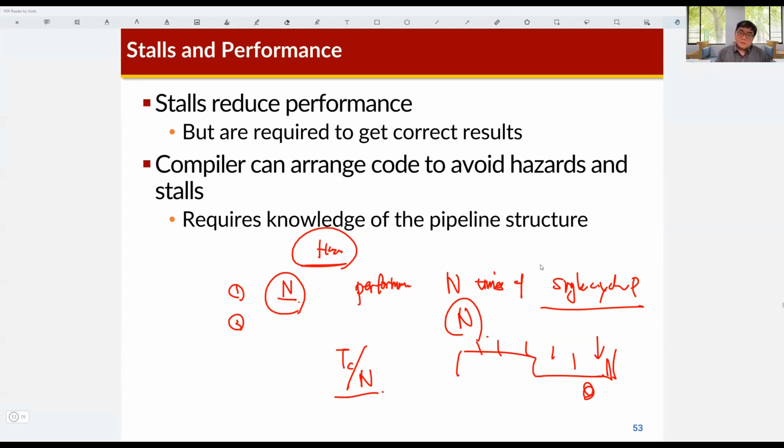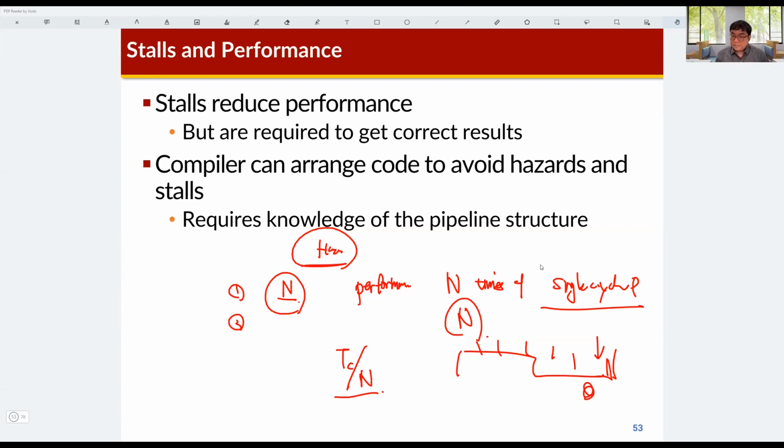But in the pipeline processor, data hazards can happen, which means cycles are wasted.